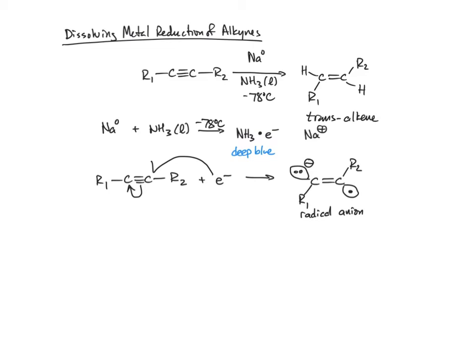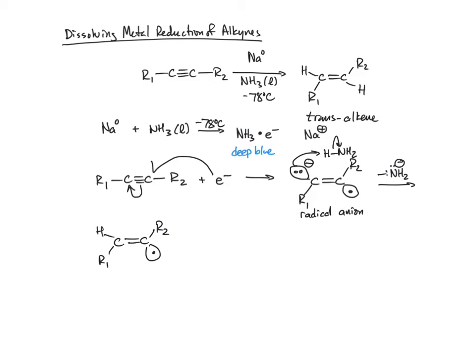So what happens next is a proton transfer reaction. We have a base. We have ammonia, which is our acid. So we end up with H, and in that process, we're losing the negatively charged conjugate base of ammonia.